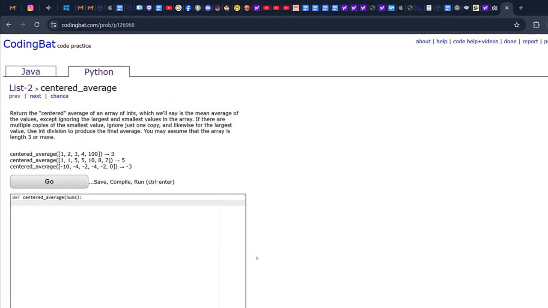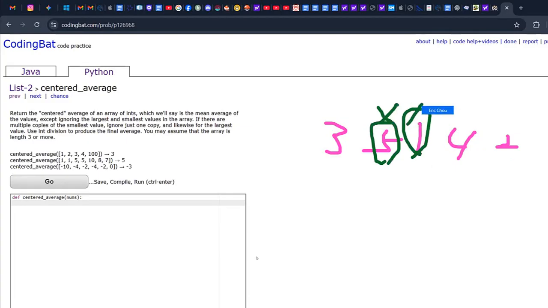Yeah, I'm just still reading it. What they want is that if you have 3, 5, 1, 4, 2, let's assume this. Your maximum is 5, minimum is 1, these two you don't consider. You just take the average of these three numbers, that would be 3. The largest one and smallest one you don't consider.